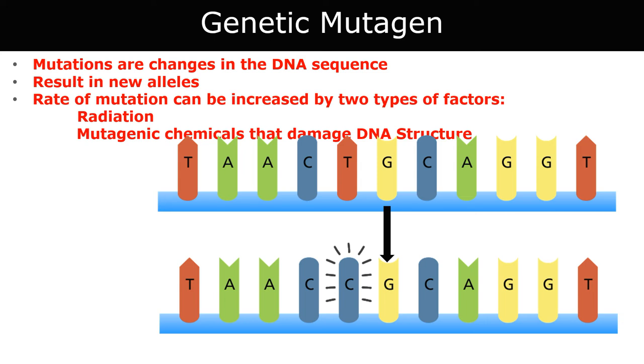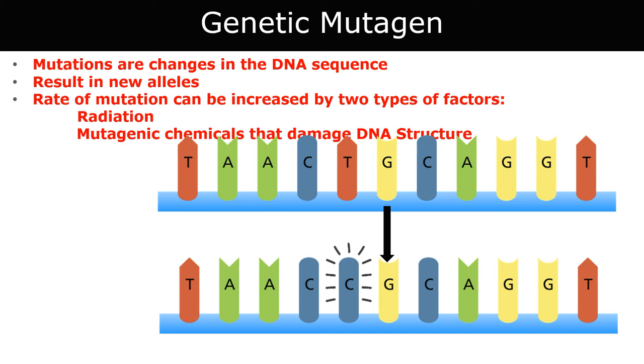This is where all of our alleles come from, right? Mutations are any change in the DNA sequence that gives me a change in the RNA that will eventually give me a change in my protein, which will alter my trait at the end of the day. Again, we call those different versions of the same genes alleles, and those alleles occur because of mutations.